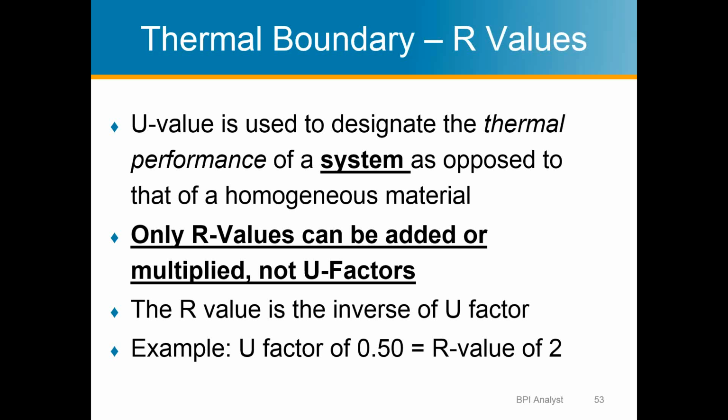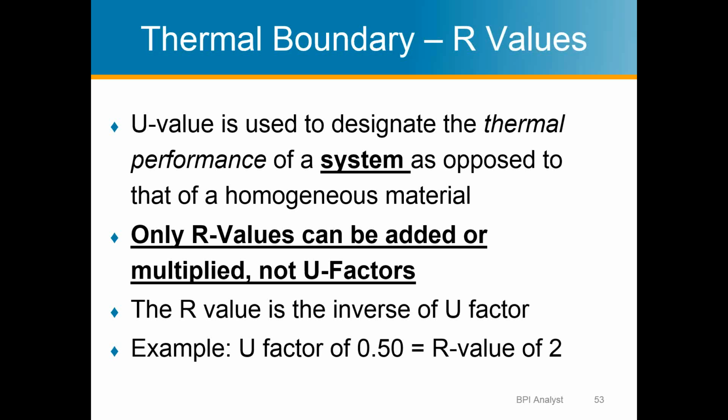So anyway, just a little bit of a side, but R and U are reciprocals. 1 divided by R equals U, and 1 divided by U equals R, so you can go back and forth. But windows always use U factors. Wall assemblies and most other things use R values.